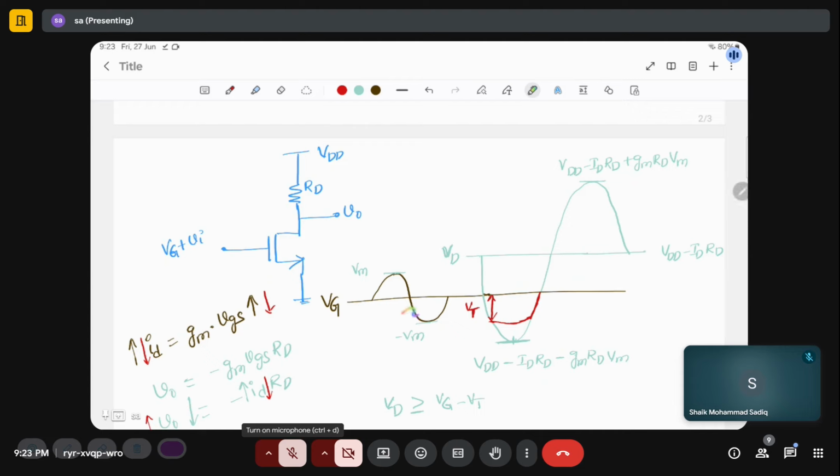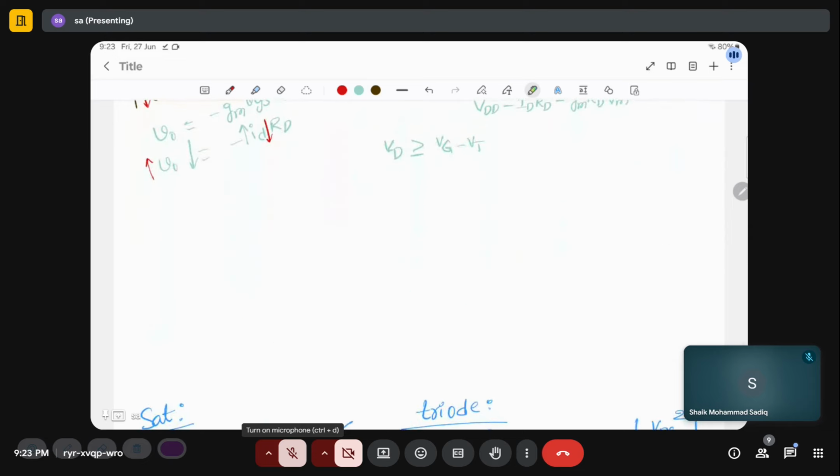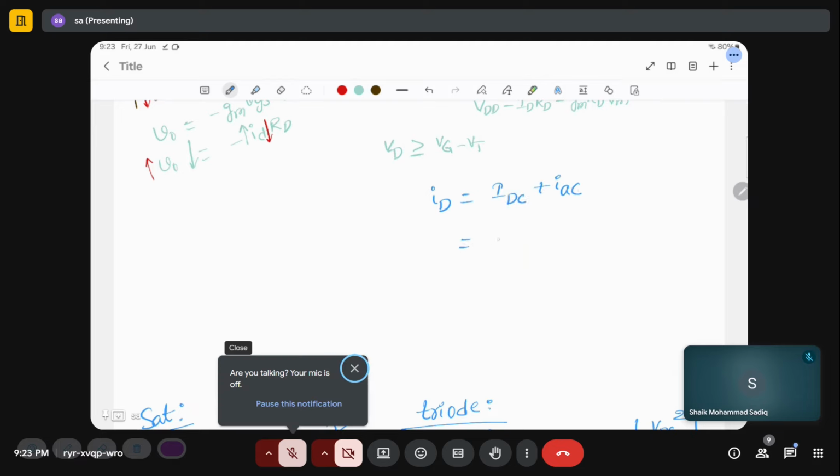What is happening in this case? VG is decreasing, so ID is decreasing. So the instantaneous ID is IDC plus iac, where iac is gm times vi.